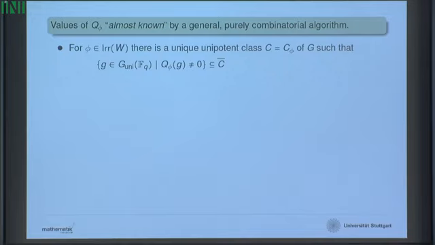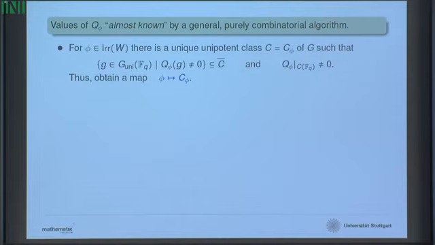This is more precisely the following. You fix a phi, you have this function Q phi, then there's a unique unipotent class such that the support of this function lies in the Zariski closure of this class, and if you restrict to this class, it's non-zero. This uniquely determines this class.